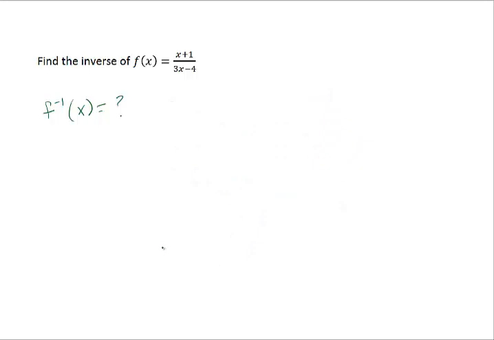Hopefully you paused the video and were able to successfully find what the inverse function of f is equal to. We're going to go ahead and walk through that solution now. When I take a look at f of x equaling this expression, I'm going to rewrite that as y is equal to x plus 1 over 3x minus 4.